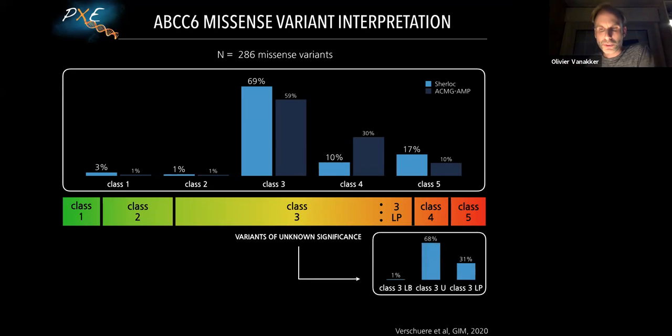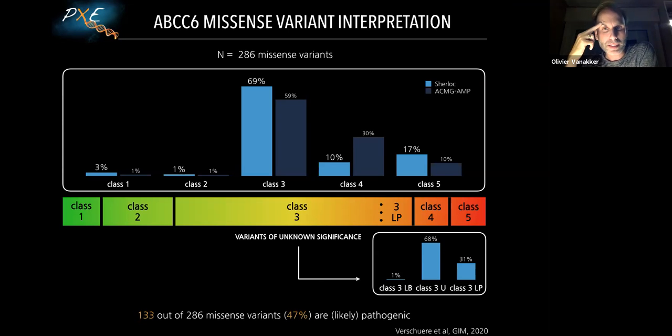So we can increase that with 1/3 of missense variants that are in that situation. But overall, from the 286 missense variants that are out there as being disease causing, about half of them we can say for sure with the knowledge that we have today that they are disease causing, and the other half are questionable. They can be disease causing or they can be benign.